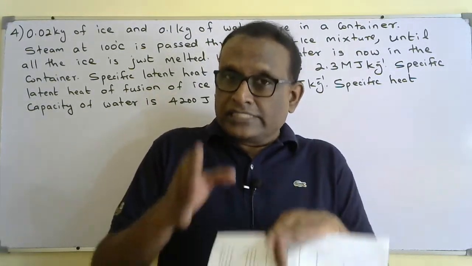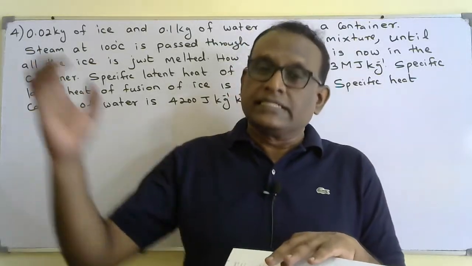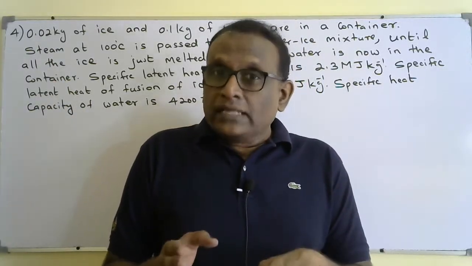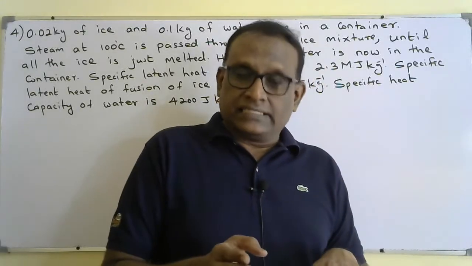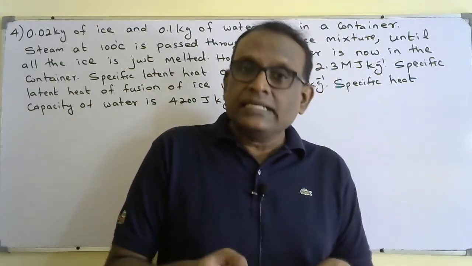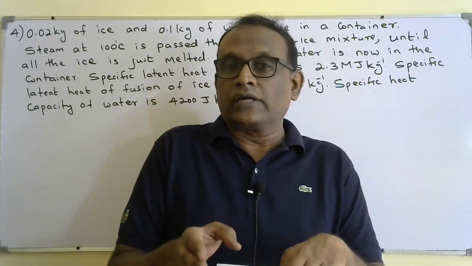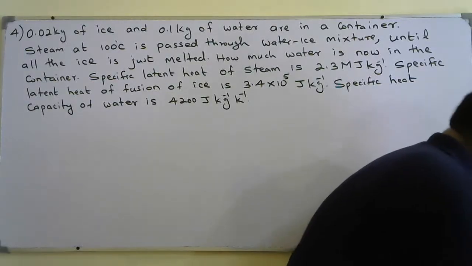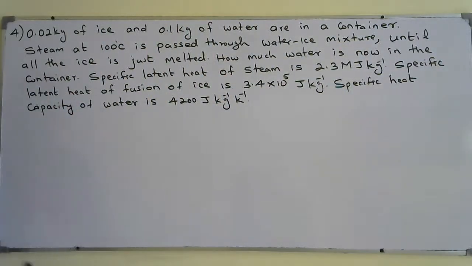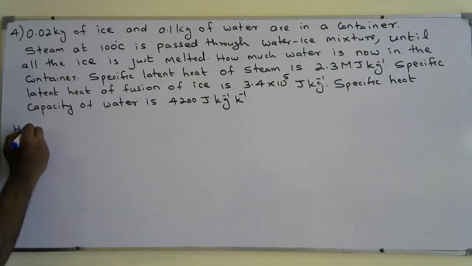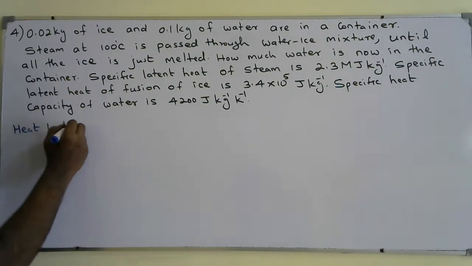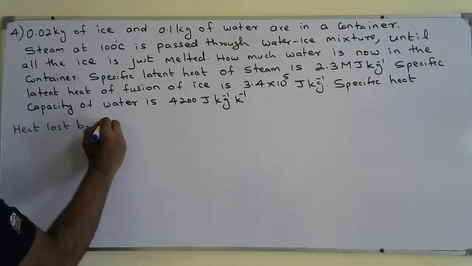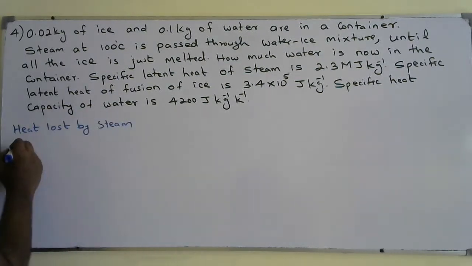Then the water at 100 degrees Celsius, obtained from the condensation of steam, will lose its heat further and melt ice until the temperature of the water becomes 0 degrees Celsius. So here we can write the energy equation like this. Heat lost by vapor or steam during condensation.